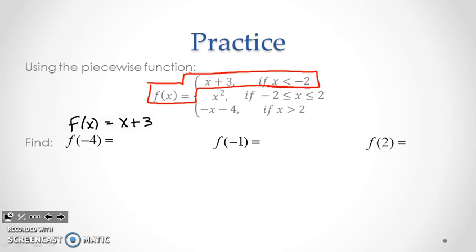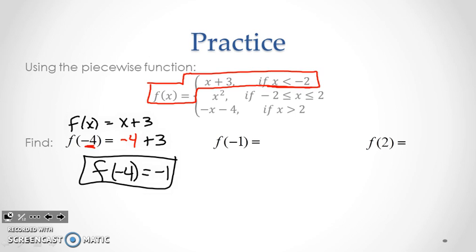Okay? And then instead of an x in there, I've got a negative 4. So I'm going to have a negative 4 plus 3, which gives me f of negative 4 equals negative 1. Here's my answer for 1.